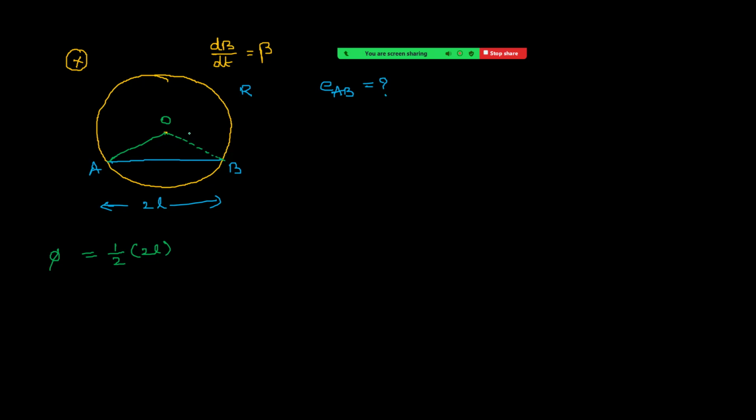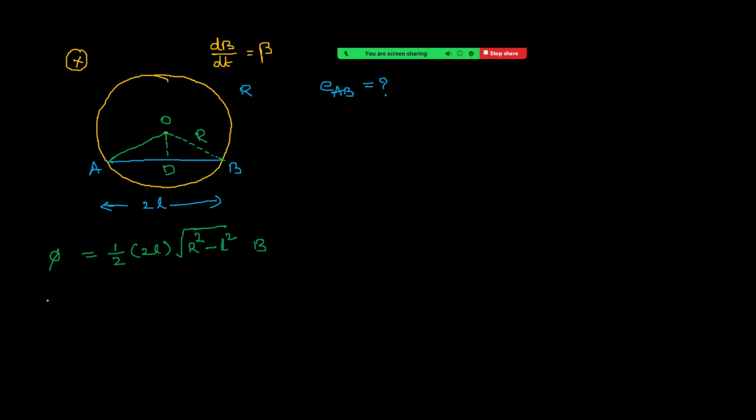And coming to height, OB value is R. Suppose this is D, and OD value is square root of R square minus L square, right? Check it once. OB is the hypotenuse in this triangle. R square minus L square under root gives OD. This is area into field. This is the flux through that loop, right?